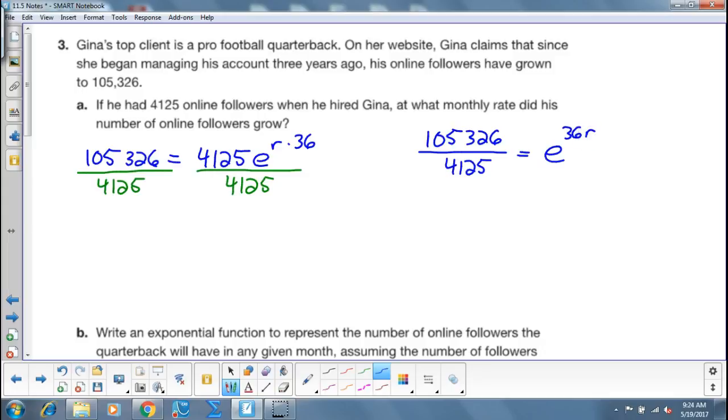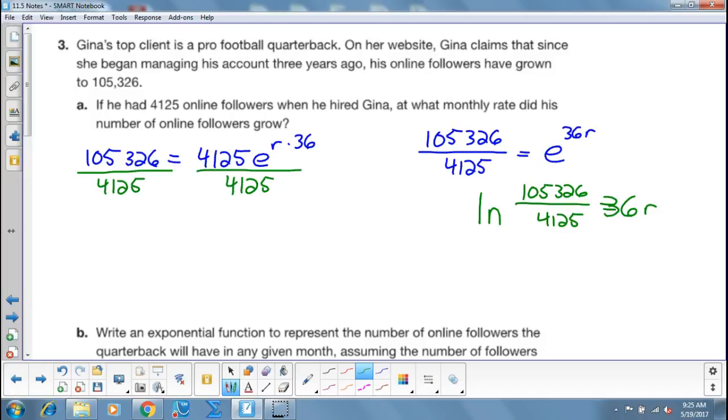Okay. Switch forms. When I switch forms, I get the natural log of that bad boy is equal to 36r.